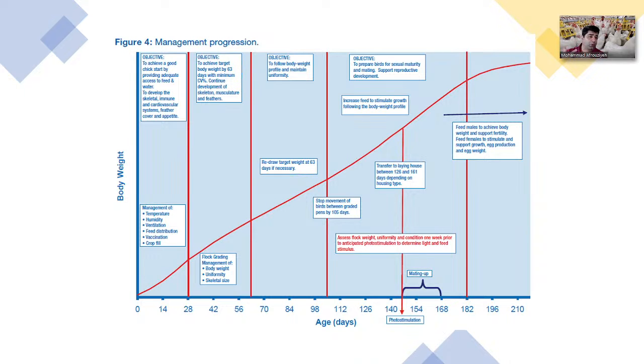For example, corn, wheat, whatever. So by that, you are splitting your complete diet into two sections. Concentrate, which should have high amount of protein, and some ingredients like corn or wheat or any other ingredient.